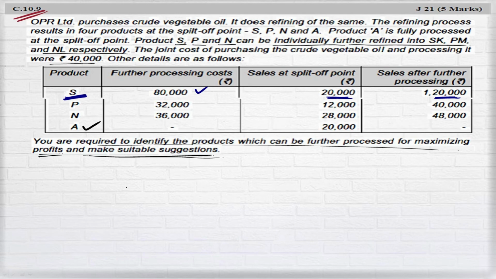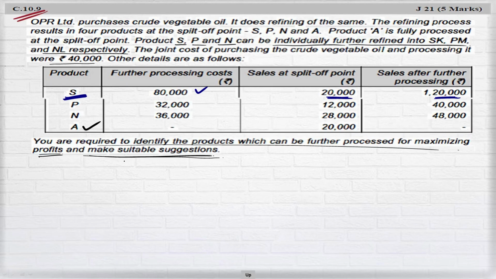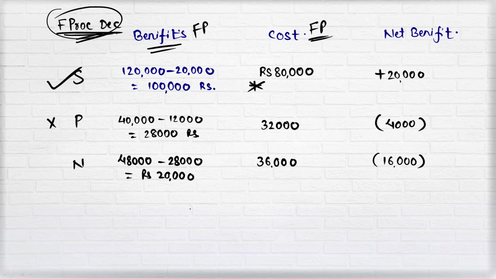And N: 48,000 minus 28,000 is equal to rupees 20,000. Further processing cost is 36,000. This will result into negative 16,000. This should not be further processed.